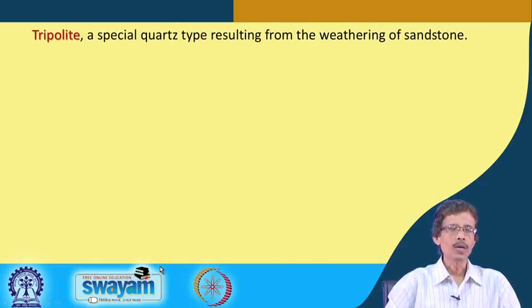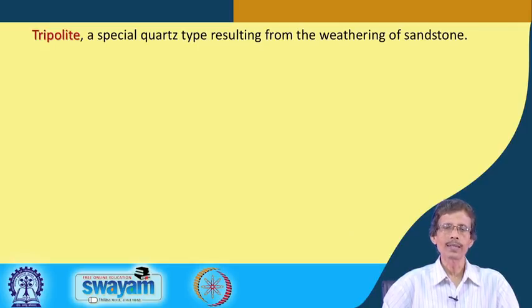Then we have, along with it, one example, your tripolite. So, that tripolite is a special type of quartz structure coming out from the sandstone, and when the sandstone weathers, that means with time, with water, with aging of the material, it gives the tripolite as a powdery material which can also be used as filler material.